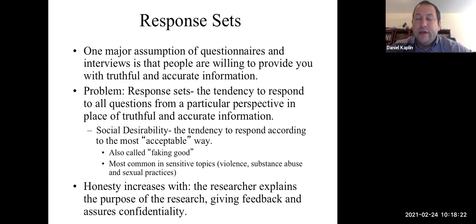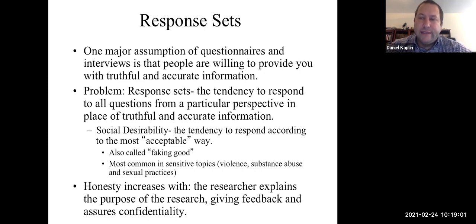So when we ask about sensitive topics, like related to intimate partner violence or substance abuse or sexual practices or religious practices, any one of these questions, you have the potential for people to misrepresent their experience because there is either a stigma attached to it or there is some form of judgment from the larger culture.